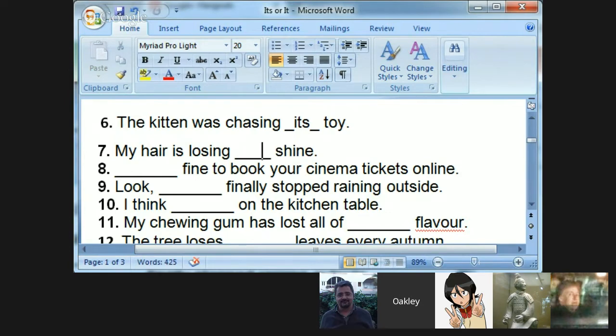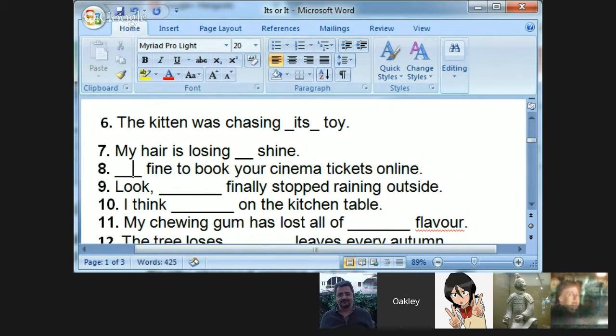Okay, Ken, you want to try this next one? It's fine to book your cinema ticket online. It's with apostrophe. Okay, we skipped one. That's okay. It's with apostrophe. Okay, the contraction. It is.